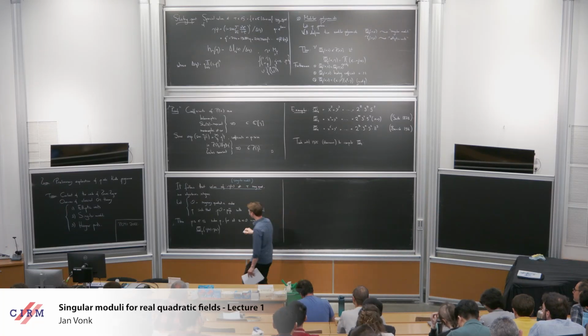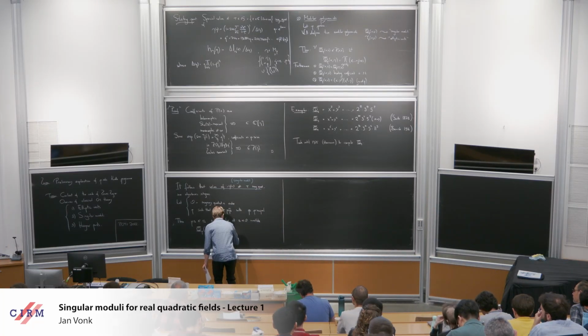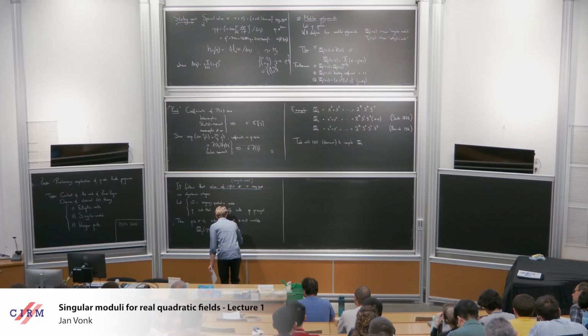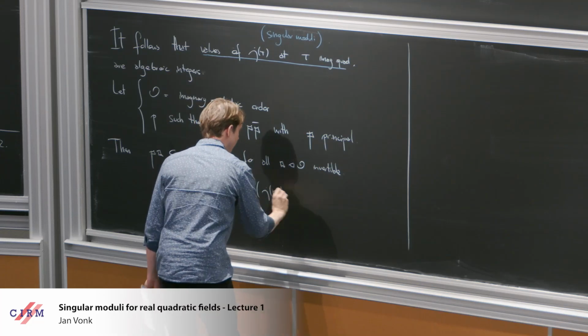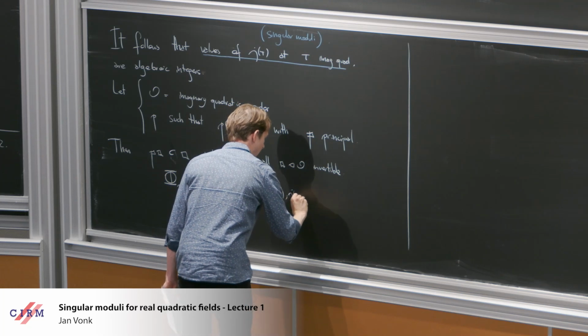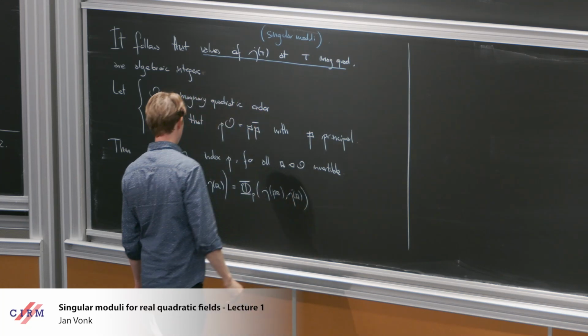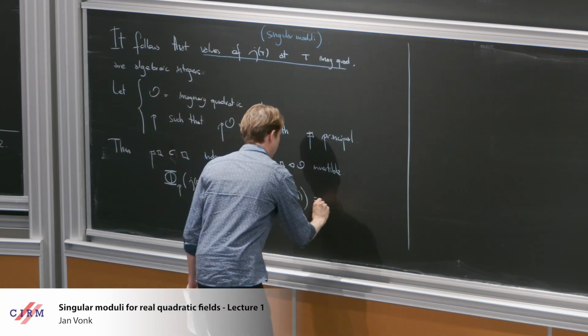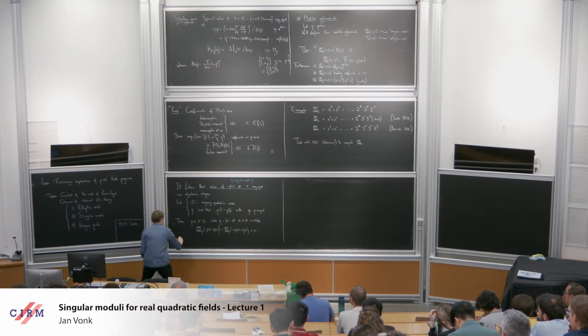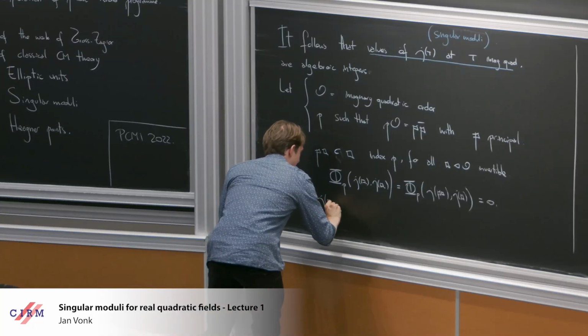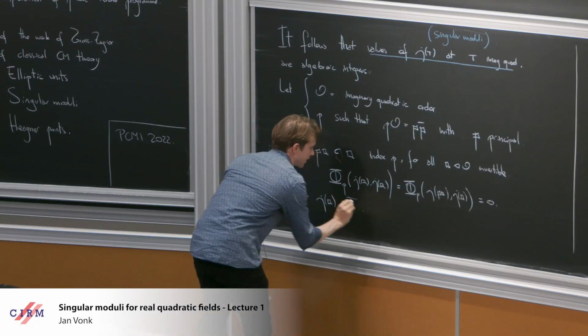Then, well, because this is principal, I know that that doesn't really affect this value. And therefore, I get that this is equal to 0. So we conclude that this is an algebraic integer.